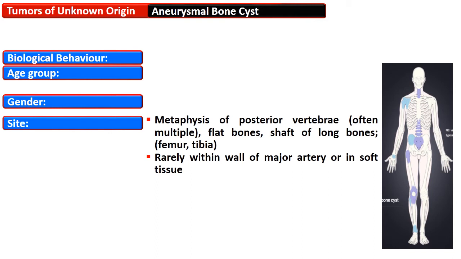The typical sites are around the knee joint, upper end of the femur, sacrum, and vertebrae, while the less typical areas are around the shoulder joint, around the wrist joint, the ankle, and also the ilium.